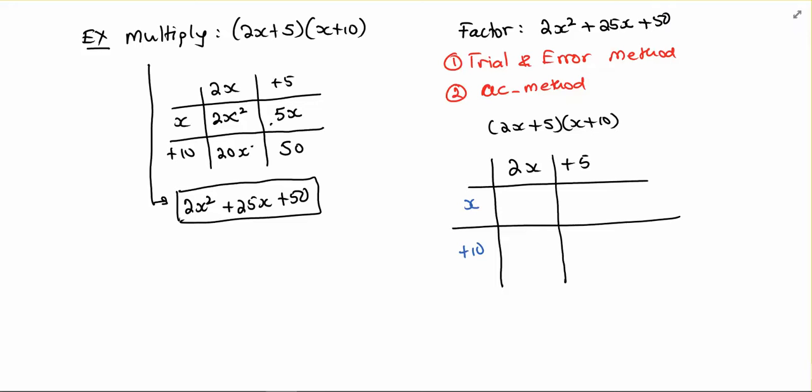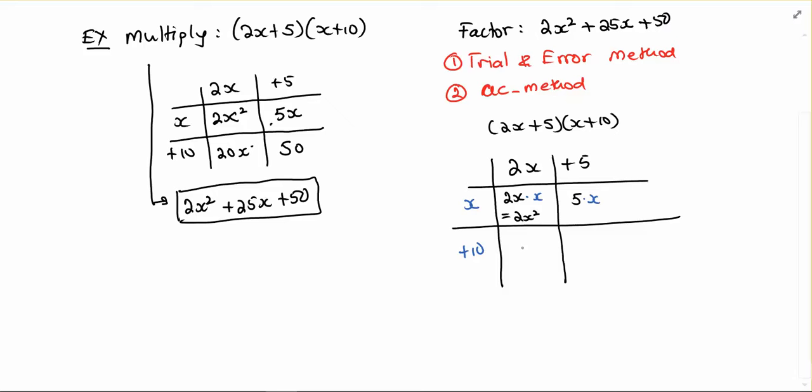In this first place we have a 2x and this x to give us our 2x squared. In the second place we have a 5 and this x to give us our 5x.